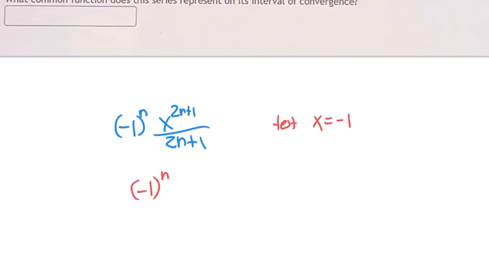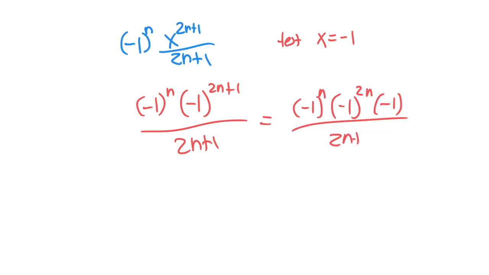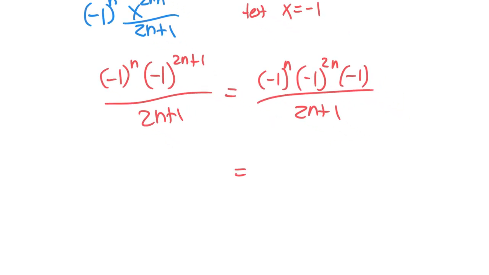Rewriting -1 to the n, -1 to the 2n plus 1, all over 2n plus 1. I'd rather think of that as -1 to the n times -1 to the 2n times yet another -1. That is -1 to the n. Now, this is a -1 raised to an even number.